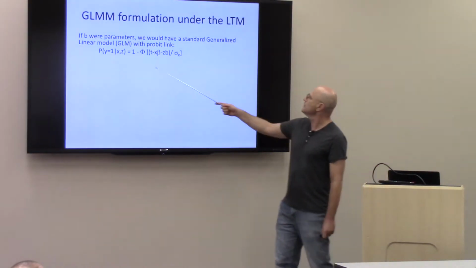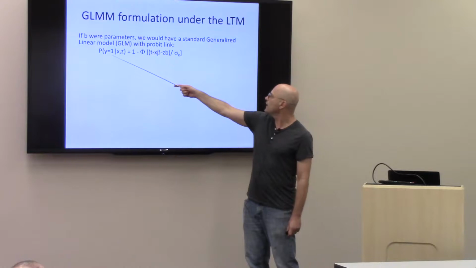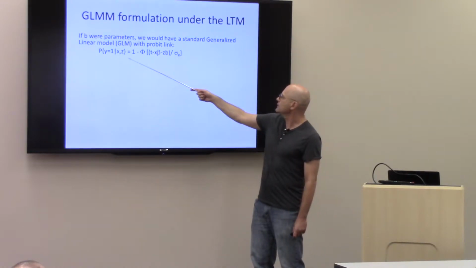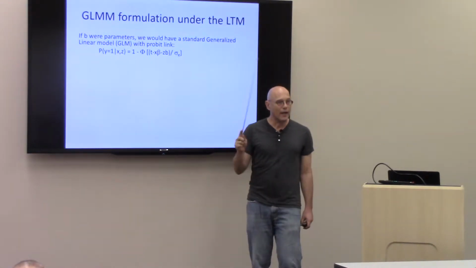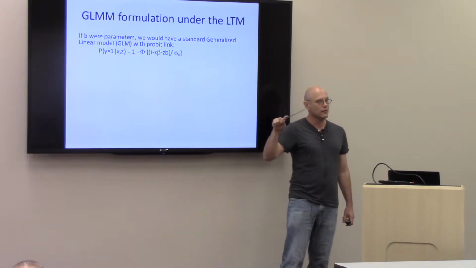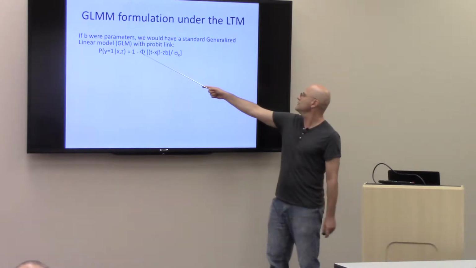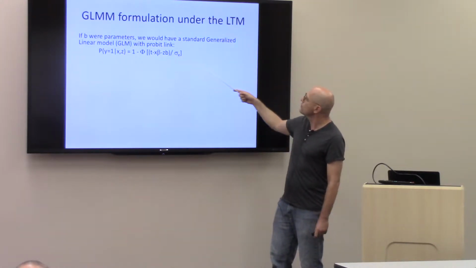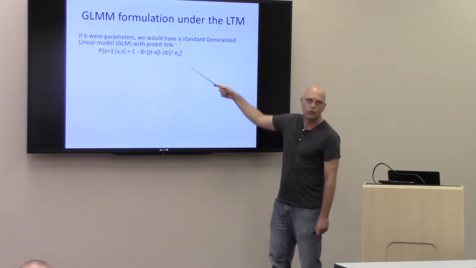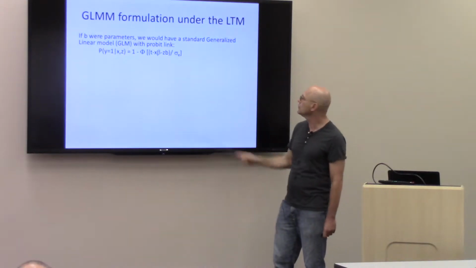In that case, we can say that the probability of y to be 1 given x and z is the probability that L falls in this small tail, right, where we have a high variance. And we can easily see that this is something that depends on this cumulative normal distribution. Phi is the cumulative standard normal distribution.